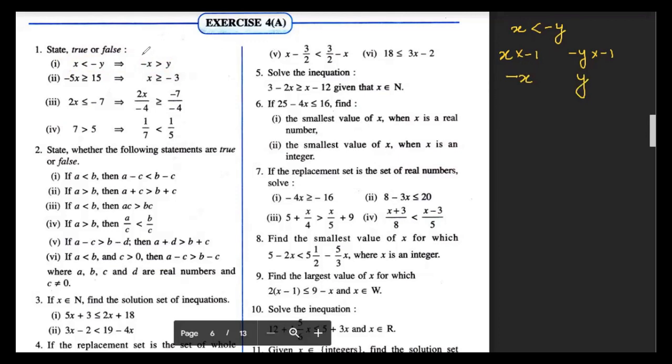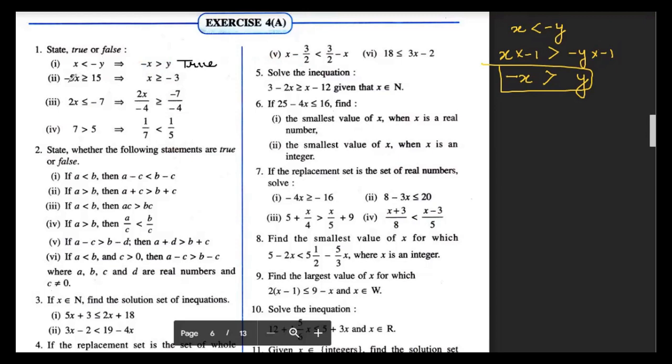And obviously we have got the same thing, minus x here and y on the other side. In doing so, the sign of inequality must be reversed, because we have multiplied both of the sides with a negative number. So the less than becomes greater than. This is what is written over here, minus x greater than y, the same thing. Hence the first statement is absolutely true. See how easy it is.